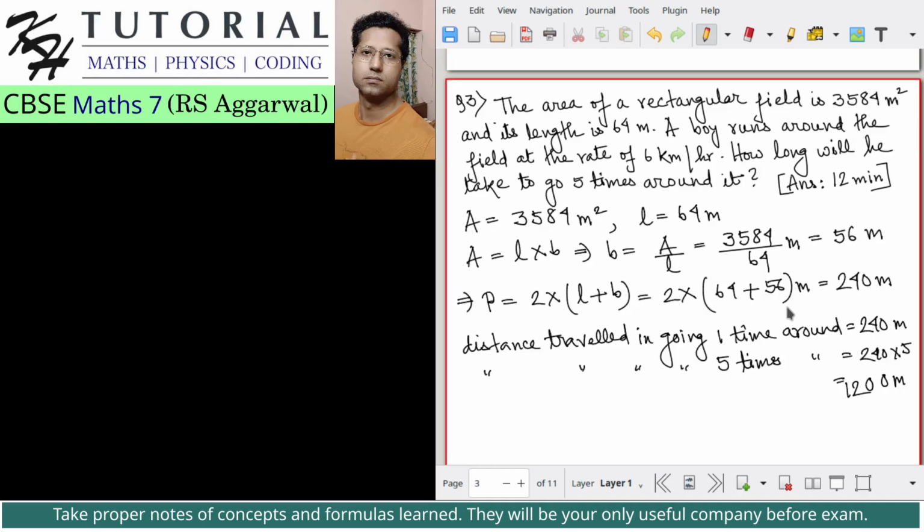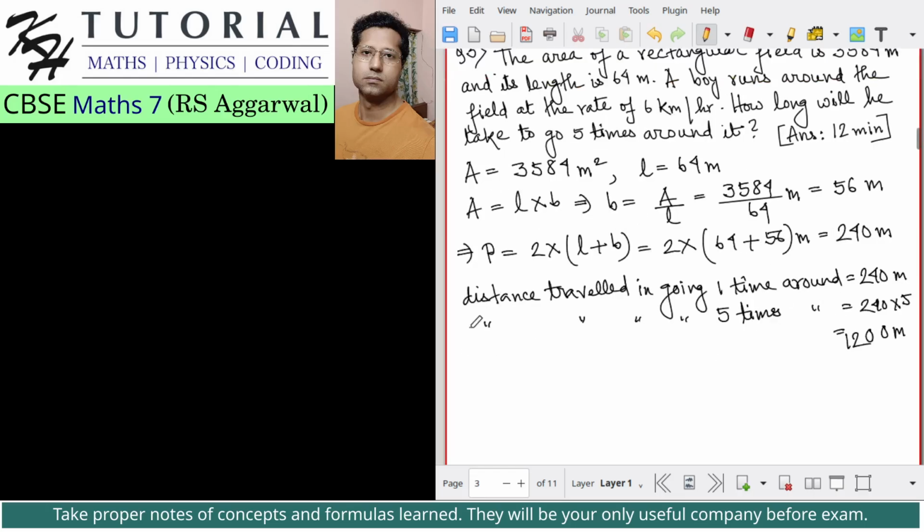Now the boy is running at a rate of 6 km per hour. So the speed at which the boy is running is 6 km per hour. Since the units of the rectangular field are in meter, we have to convert this 6 kilometer into meter.